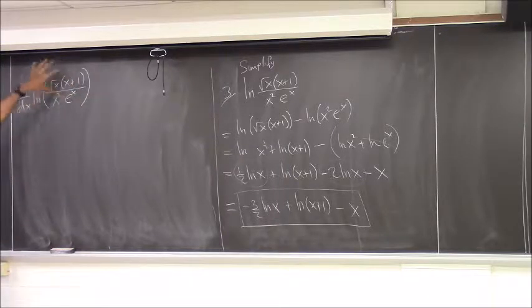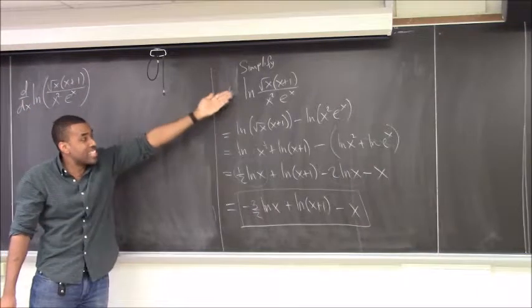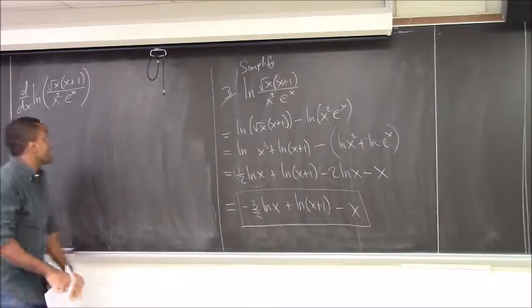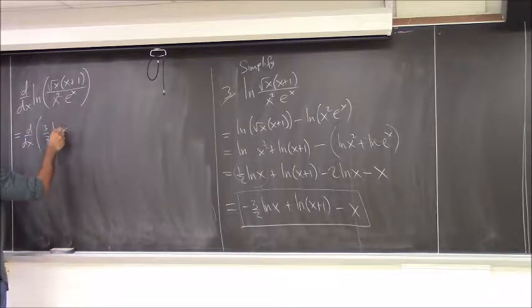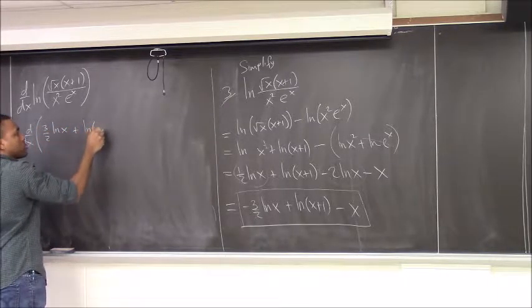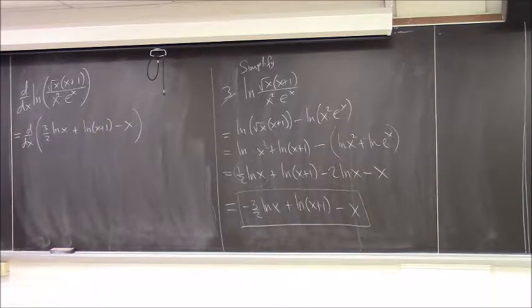If you're taking the derivative of this, that's not going to be fun. You're going to have to do the quotient rule with the product rule inside of it. It's not going to be a fun time. But in the previous question, you know that this guy is the same as that guy. So the derivative of this is just the derivative of that. And each of those are pretty easy to differentiate. The derivative of a sum is just the sum of the derivatives.